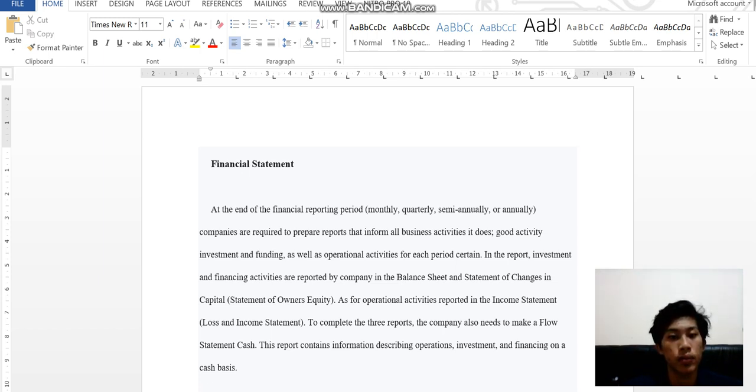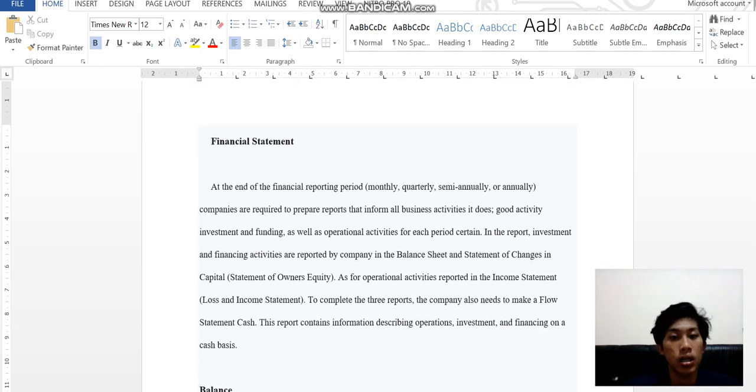In the report, investment and financing activities are reported by the company in the balance sheet and the statement of change in capital or statement of owner's equity. As for operational activities, they are reported in the income statement. To complete the three reports, the company also needs to make a cash flow statement. This report contains information describing operation, investment, and financing on a cash basis.